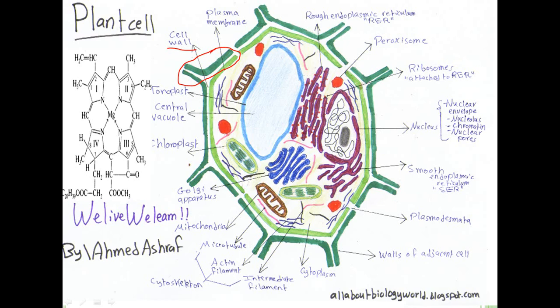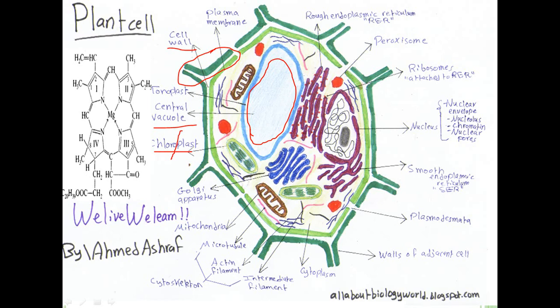Not only this, but we have a central vacuole, which is very big in a plant cell and also contributes to the shape of the plant cell and its rigidity due to its large size. It usually functions to store enzymes and remove waste products. Now the last organelle, which is the most important one, and we will do a whole topic about it very soon, is the chloroplast. The word chloroplast is two words in one, chloro and plast.